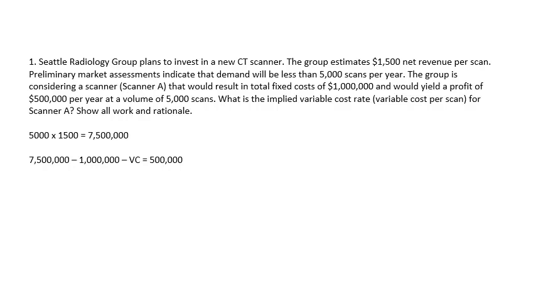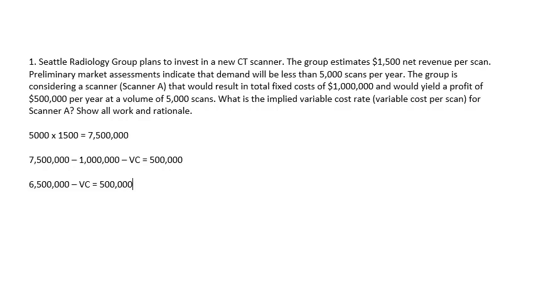Basically, for those of you that are quick enough in your head, you could probably figure out what the VC number is. But I'm not, so I got to do it this way. So let's go ahead and take off that $1 million of fixed costs, and that brings us to $6.5 million, minus our variable costs, and we're still equaling 500,000.